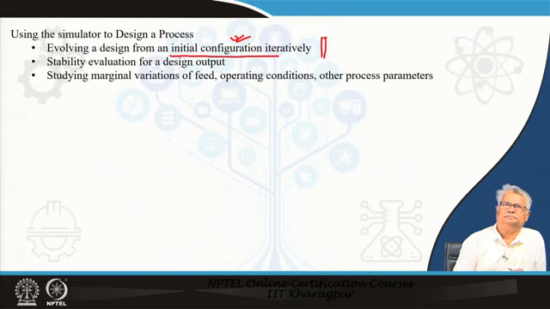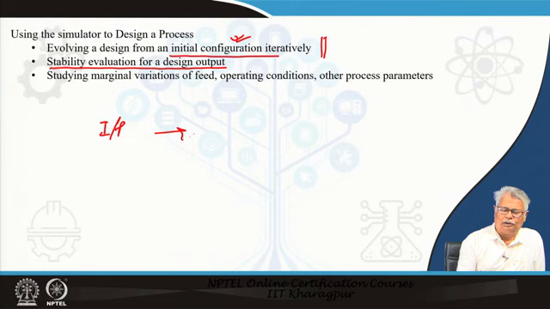You can also evaluate the stability of a design output, because a simulator can definitely tell you the effect of a set of inputs on your plant in producing the set of outputs.